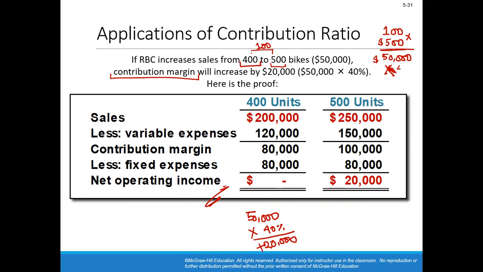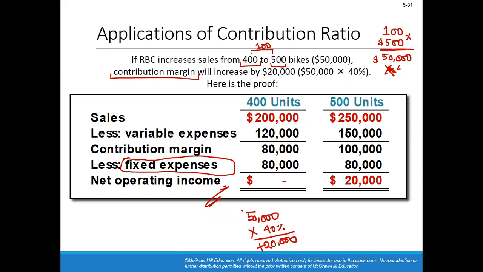You see that we have not talked about the fixed expenses because they are constant, or have not changed from the base case. So that is how we get how much net operating profit will go up or down for the change in sales units.